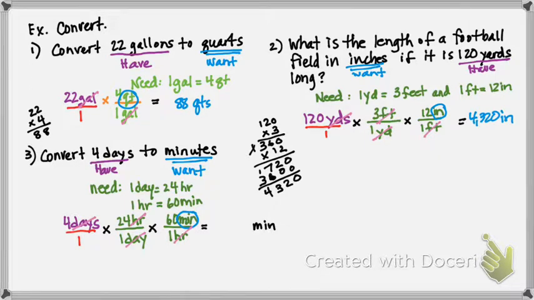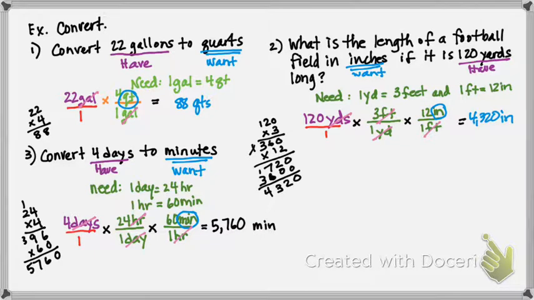So let's do 24 times 4, which would be 16. And 4 times 2 is 8, plus 1 is 9. And then I have to multiply that answer by 60. So we get a 0, we get 36, we get 54, 55, 56, 57. Sorry if you hear something, that's my kitty cat. 5,760 minutes.